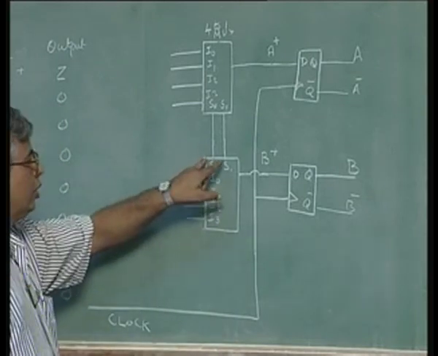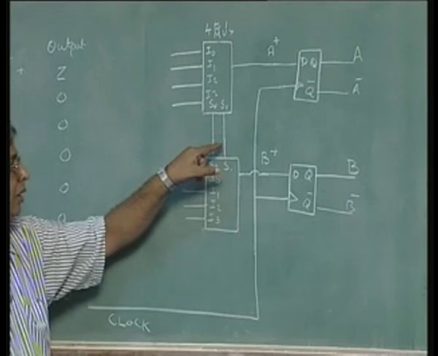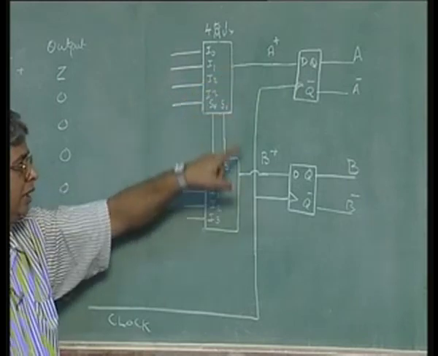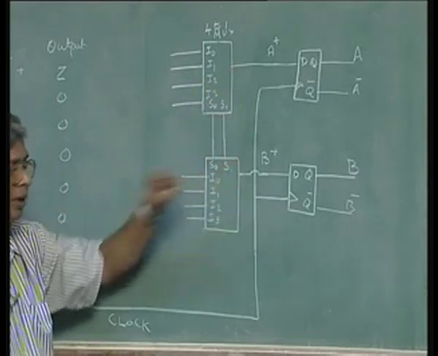And S0, S1 are the present state variables. The present state variables with a given input condition give you the next state outputs for these 2 multiplexers.